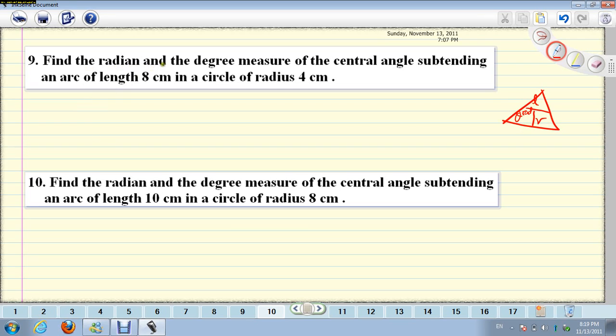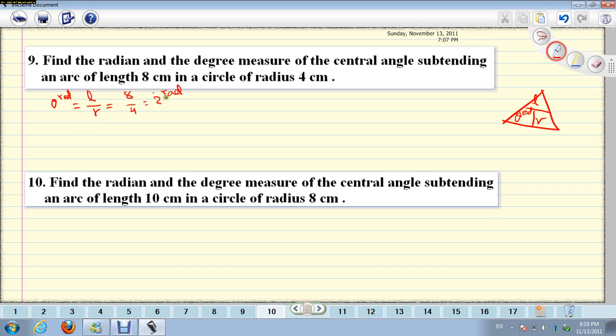Okay, the question says find the radian and degree measure of the central angle. So theta rad equals L over R, which is 8 over 4, and the answer would be 2 rad. This is the central angle.